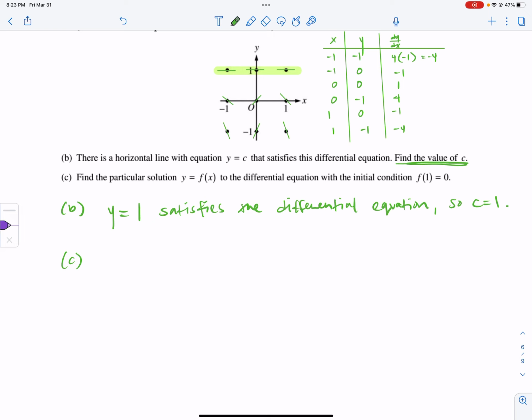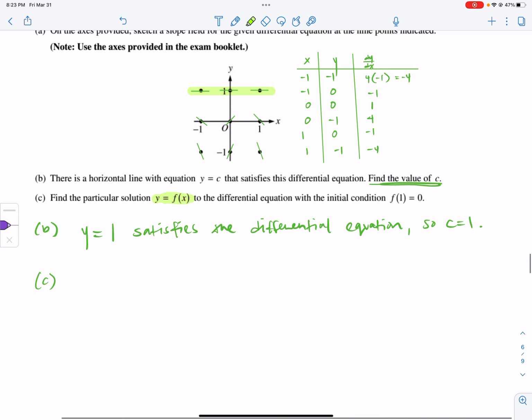And then for find the particular solution, y equals f of x. Notice y equals. So our particular solution should be of the form y equals to our differential equation where our initial condition is f of 1 is equal to 0.